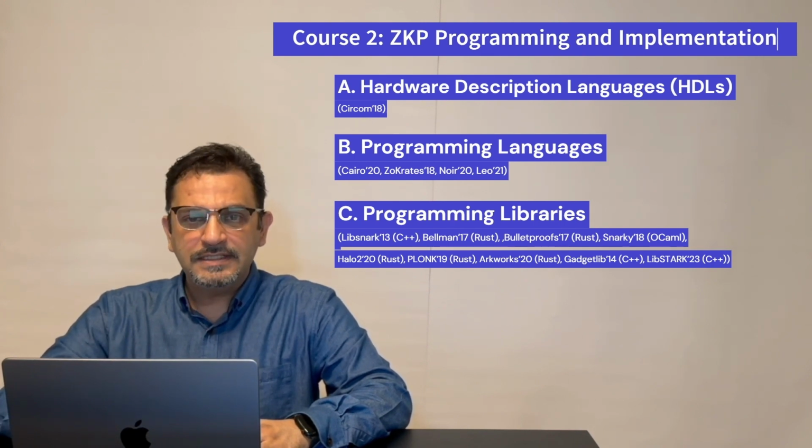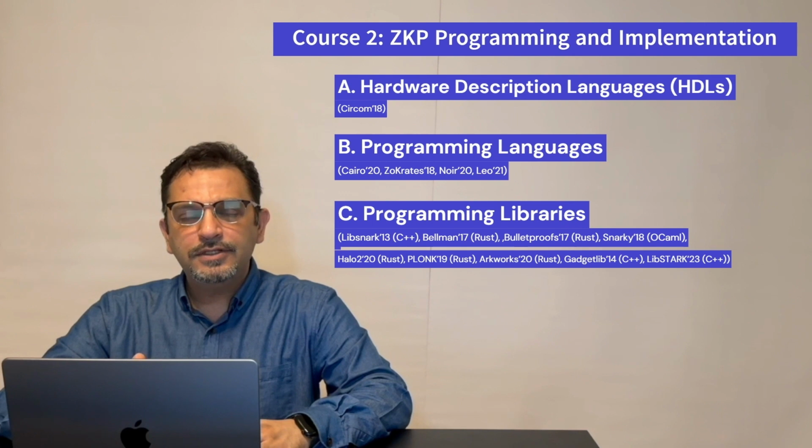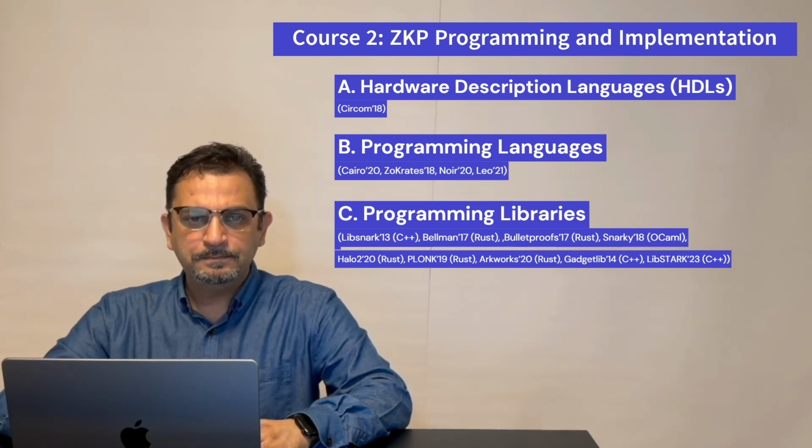Programming languages in this field are designed to create circuits directly from high-level language. This means instead of creating a circuit and wires, you can use variables and functions, and the compiler automatically creates the constraint system and wires. However, these languages have their own syntax that you should learn.